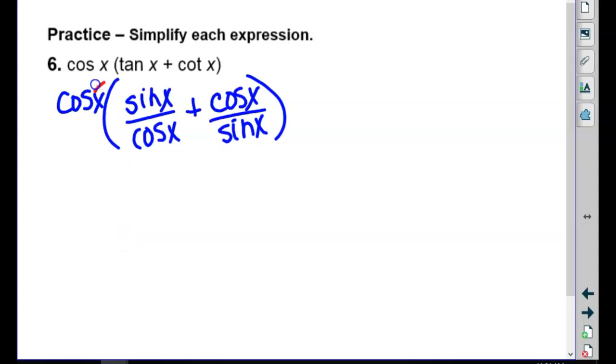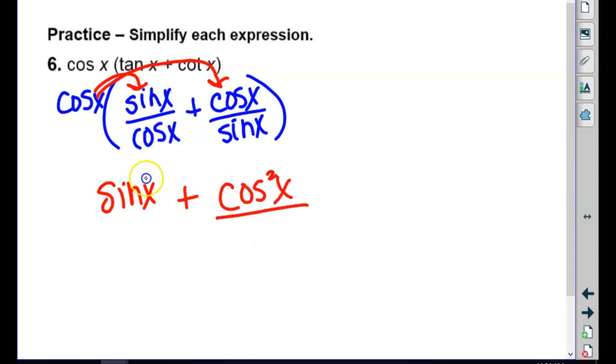If we distribute this, what happens when we multiply cosine times sine over cosine? We just get sine x because the cosines cancel. Okay, and when I multiply back here, cosine times cosine over sine, I get cosine squared, because this is just over 1 over sine. Any ideas?